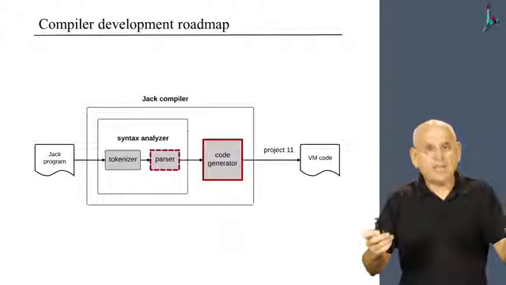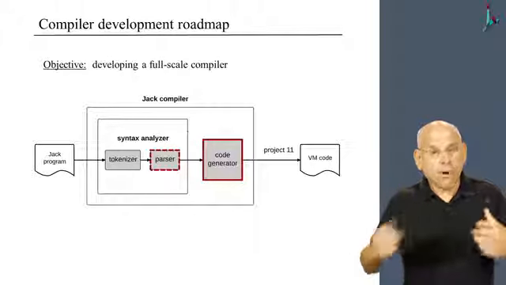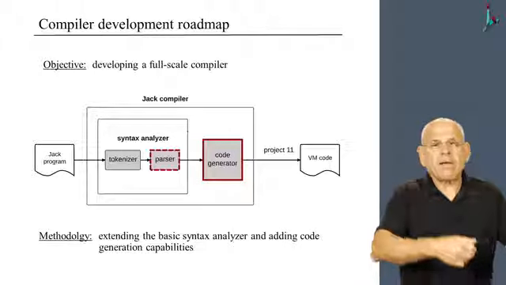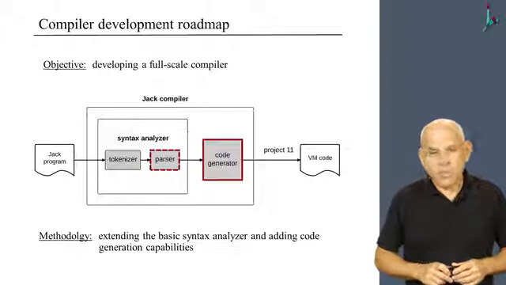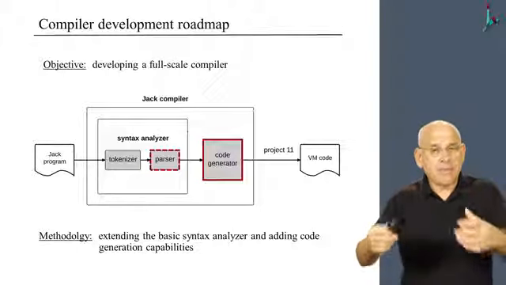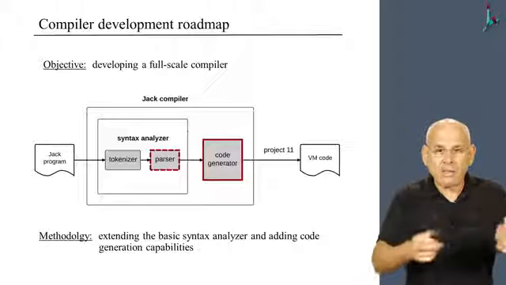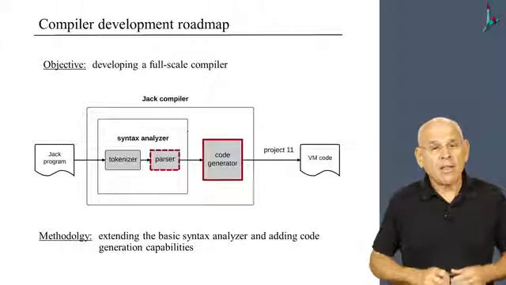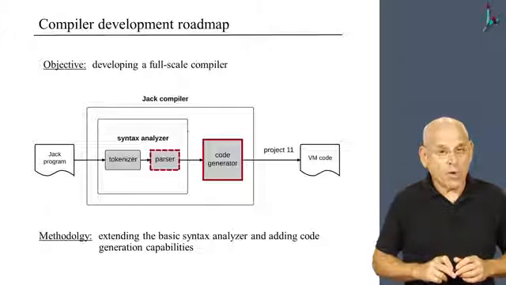So the objective, once again, is to develop a full-scale compiler, or more accurately, to extend the compiler that we've written before into a full-scale compiler. So instead of generating passive XML code, we will morph the compilation engine that we had before into something that generates executable VM code. So this is the objective, and that's how we're going to do it.